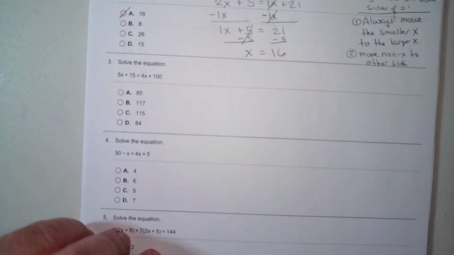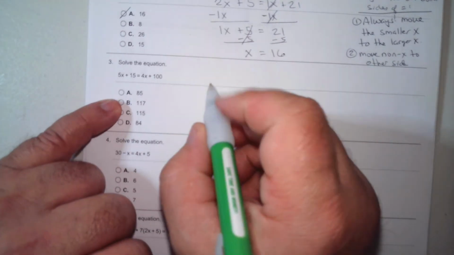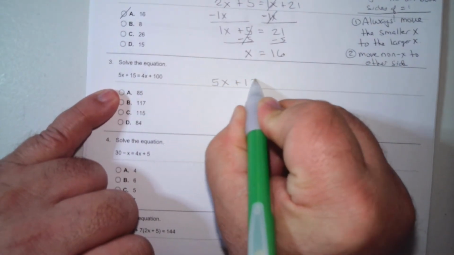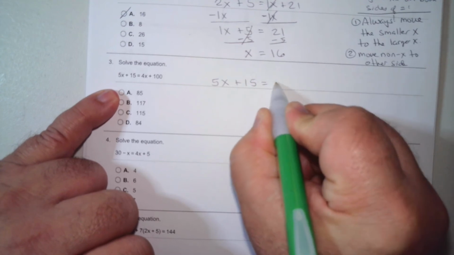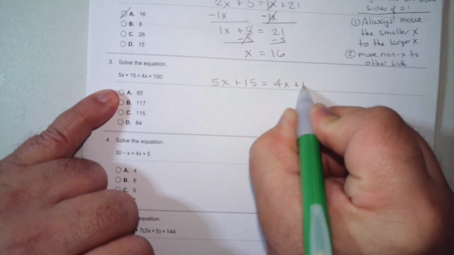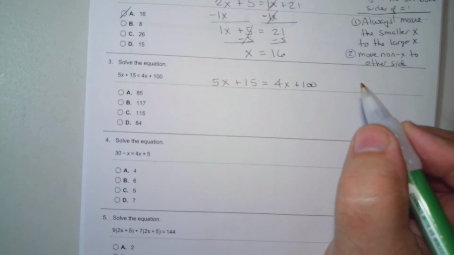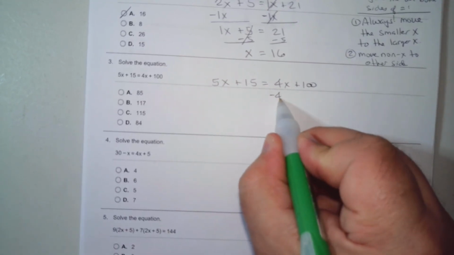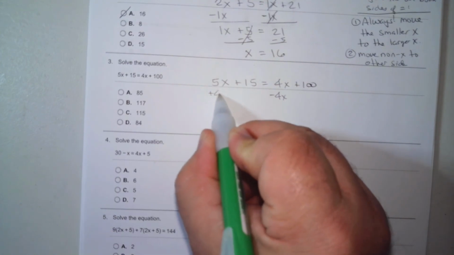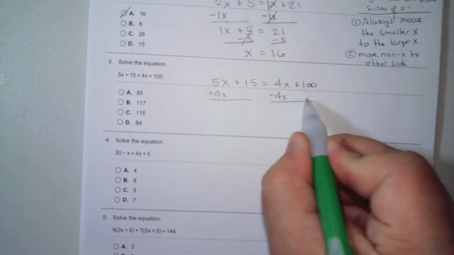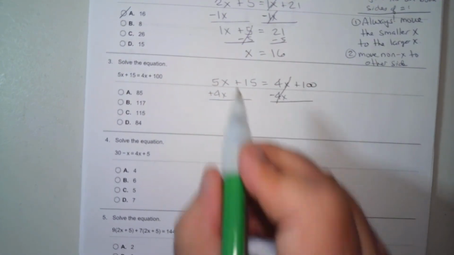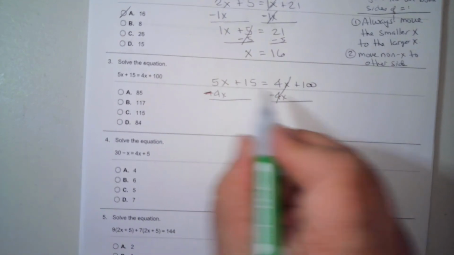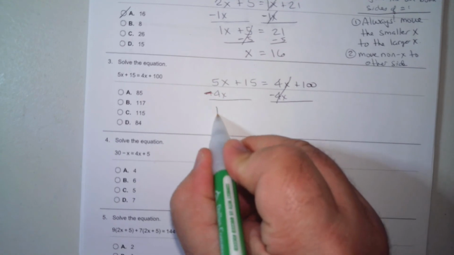Back to the homework. 5x plus 15 equals 4x plus 100. 5 and 4. 4 is smaller, so I get rid of that first. So 4's cancel. 5 minus 4 is 1x.